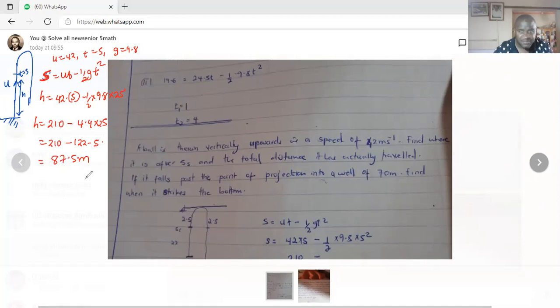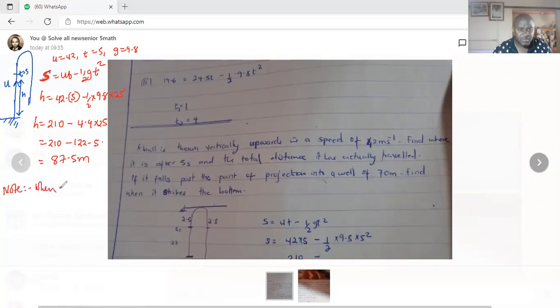Then they have said furthermore, the distance traveled, full stop. If it falls past the point of projection into a well 70 meters deep, find when it strikes the ground. There is a note we need to have here.